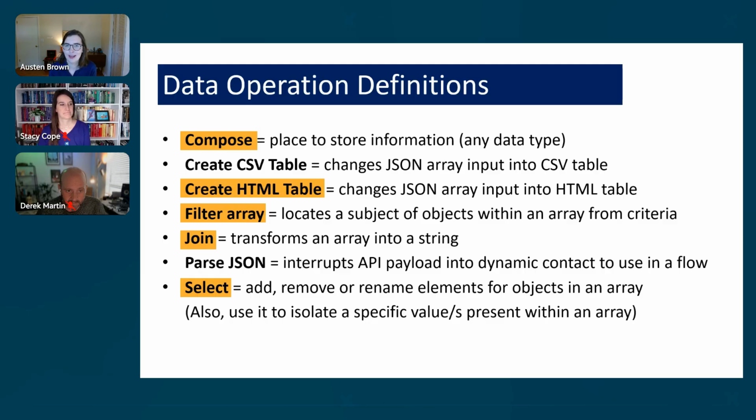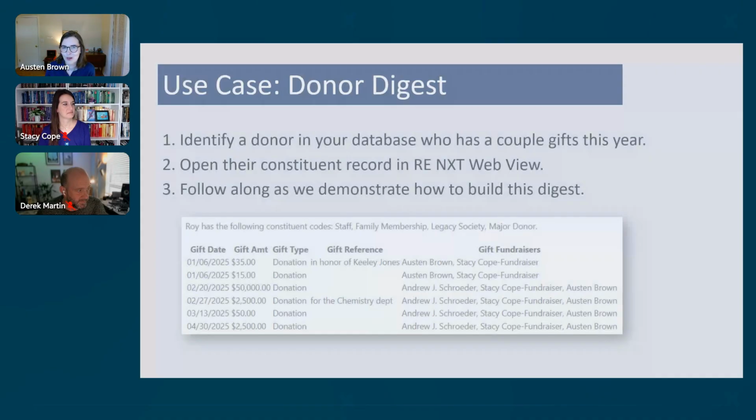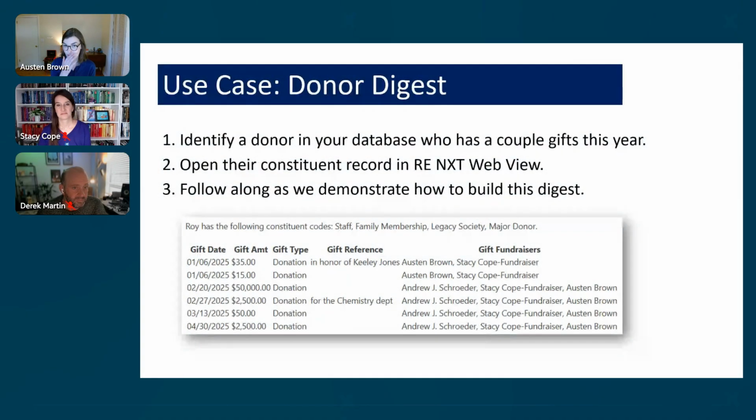So we're going to go ahead and get started on the fun part, building in Power Automate. We're going to be following this particular use case today. So I want you to open up WebView for your database.